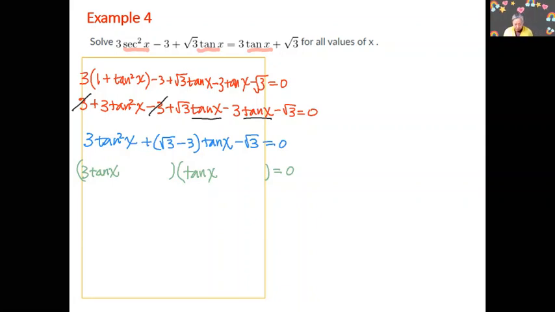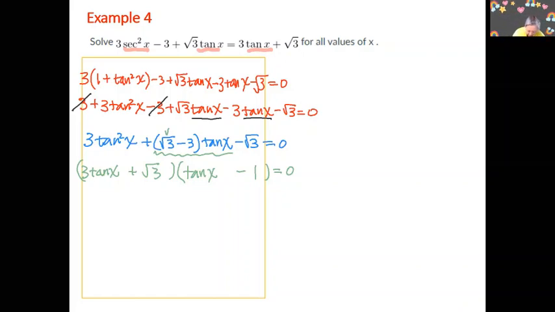So all we have to do is put the factors of radical 3, which are 1 and radical 3, so that we can come up with this. The last position I need is negative 1 so that it will make negative 3 tangent x. And in front of tangent, it has to be positive radical 3 so that it makes this part radical 3 positive with the tangent, and we're done.